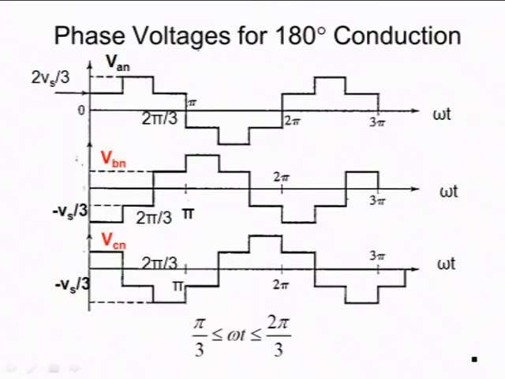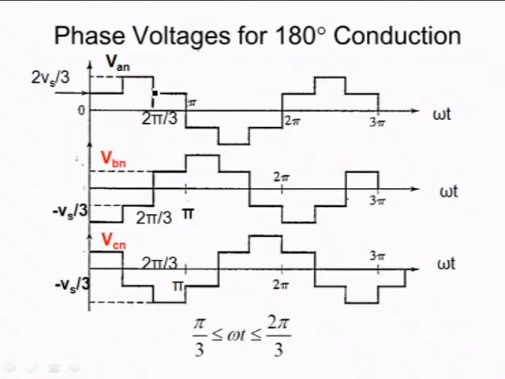You can see the waveform. What we are interested in is the duration 60 to 120 degree. This is ending here. So, see the VAN. VAN is positive, the phase which is connected to the positive of the supply, so 2 Vs by 3.